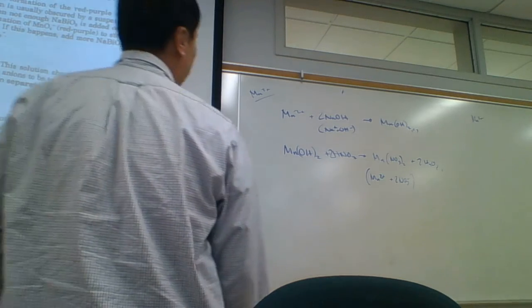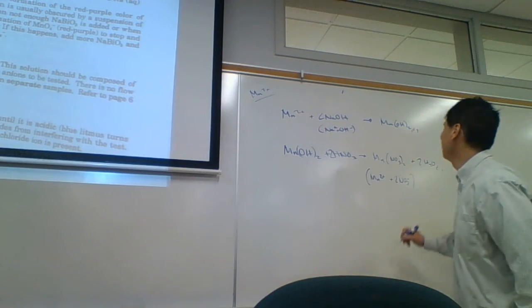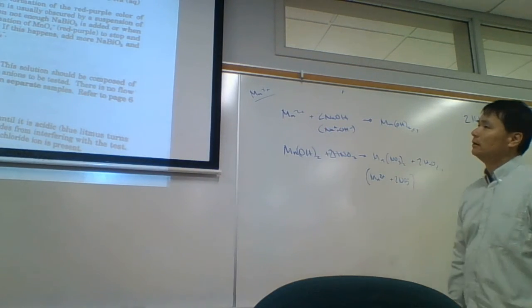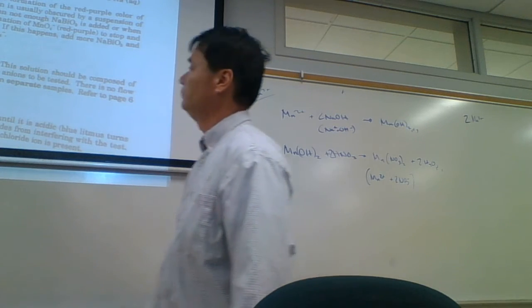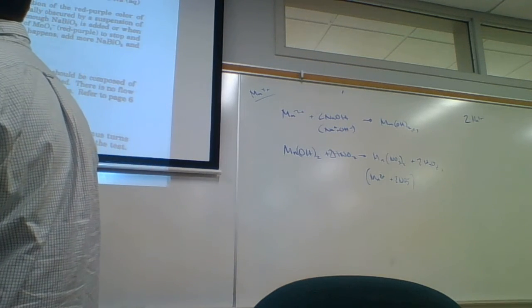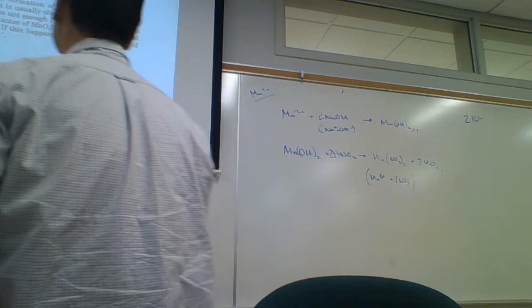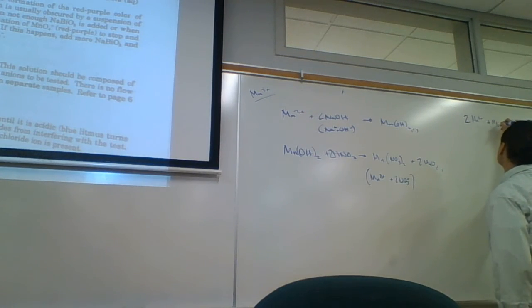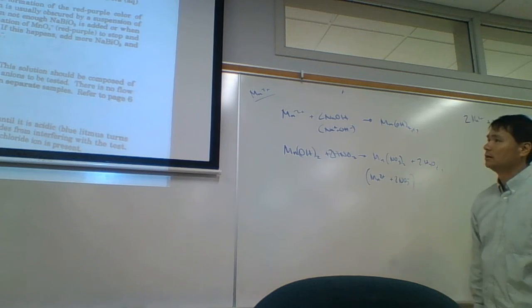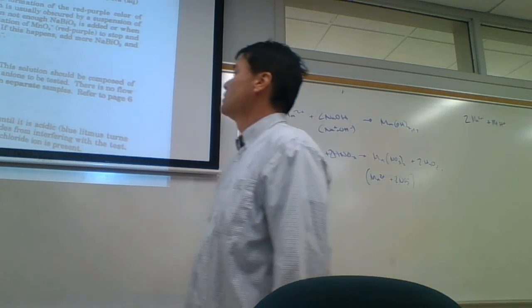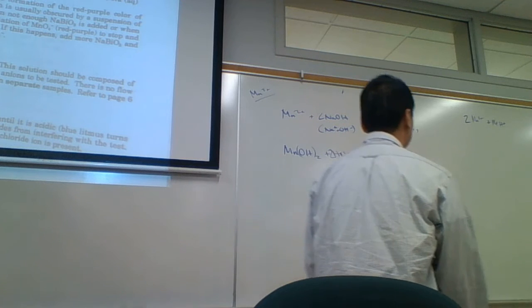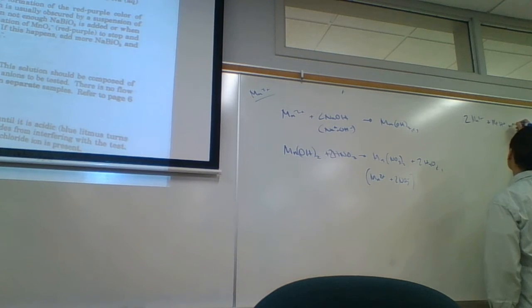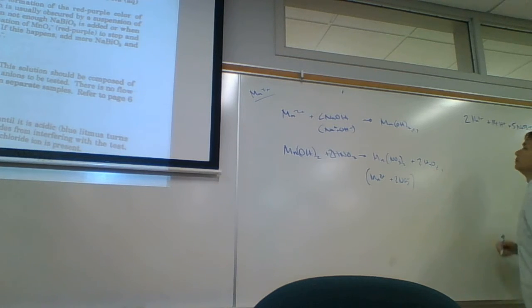Okay, so it looks like we have 2 manganese 2+ ions, plus 14 hydronium. I'm not going to use hydronium. What I'm going to do is use hydrogen ion, so plus 14 H+, plus 5 sodium bismutate solid, 5 NaBiO3 solid.